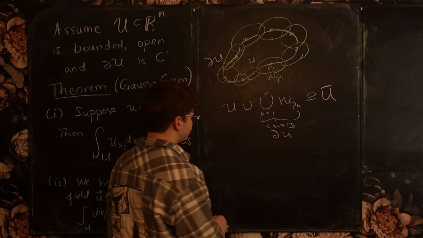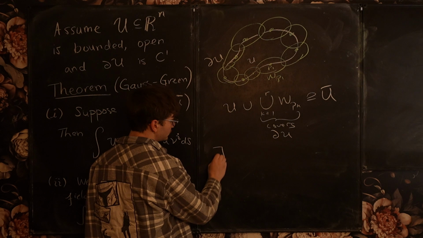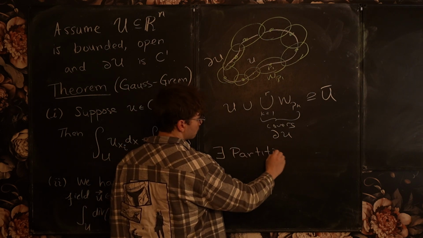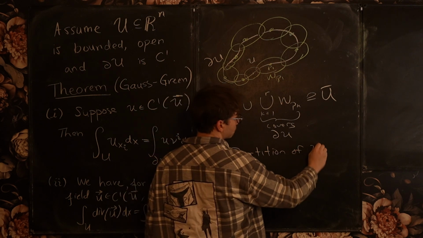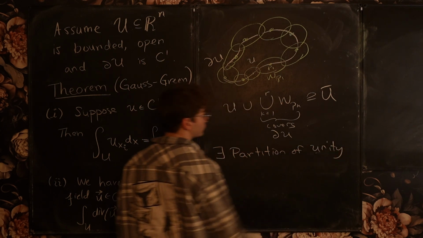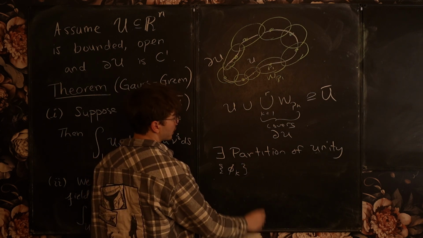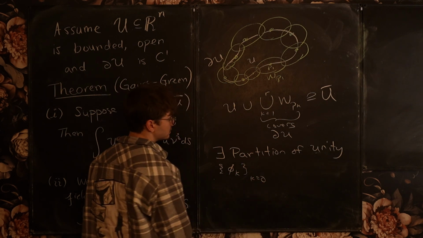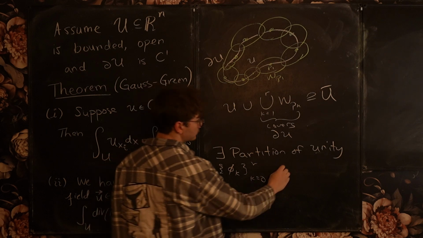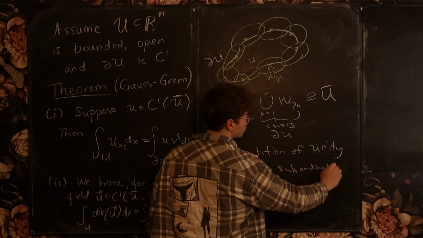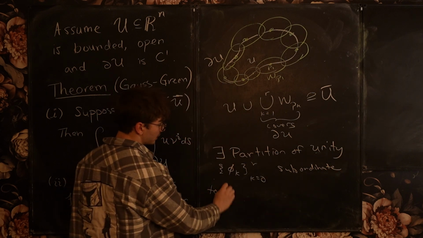So we know that there exists a partition of unity, let's say phi k, where k is going to run from 0 to r, subordinate to this open cover.